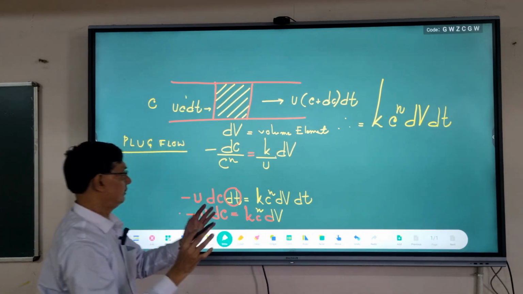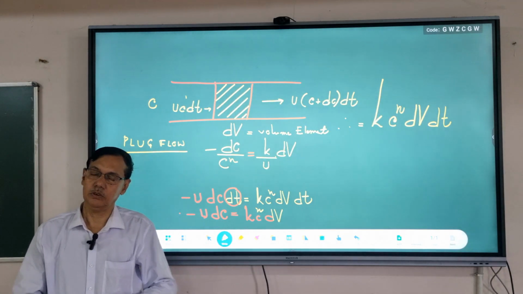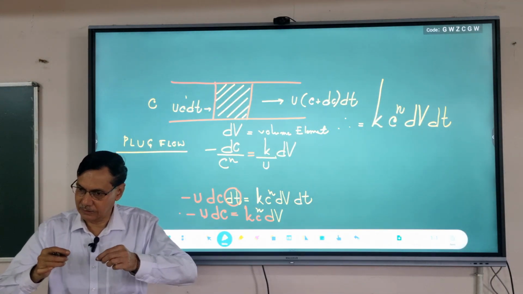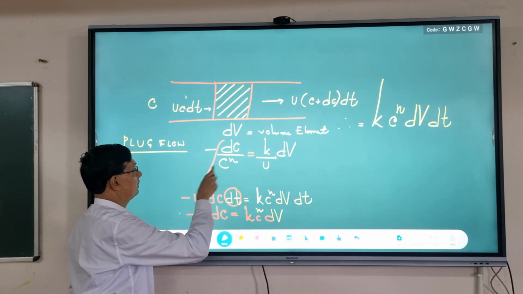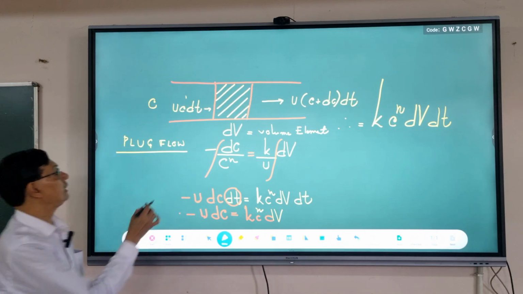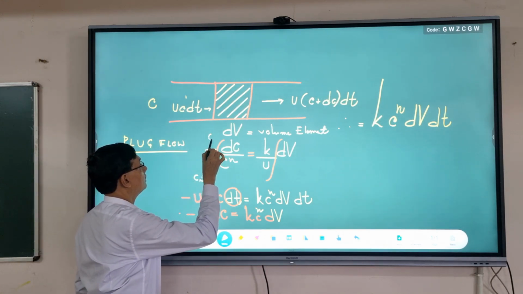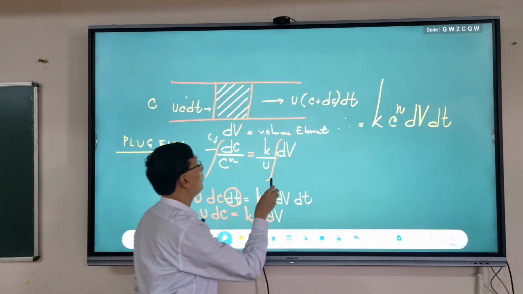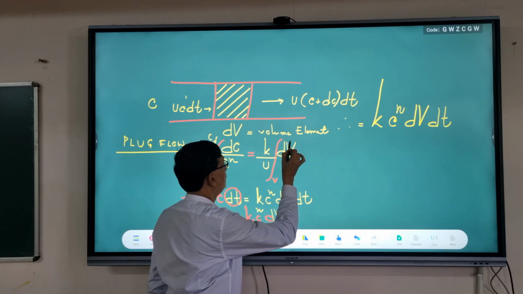Just your normal, for any normal kinetics, what do we do in order to know the change in concentration, whether it is a flow method? We have to just integrate it from the initial concentration to the final concentration. Here the volume goes from 0 to V0.